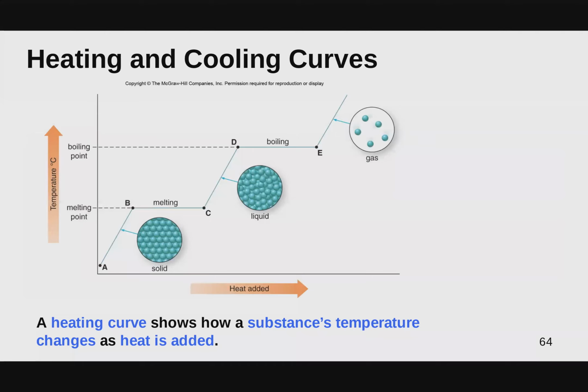Now, this brings us to something we're actually going to do in lab, which are heating and cooling curves. A heating curve displays how a substance's temperature changes as heat is added. So we start at A, which is at some temperature. As we go up the y-axis, temperature increases. As we go right on the x-axis, we add more and more heat. So we start at some state and we increase the temperature, right?